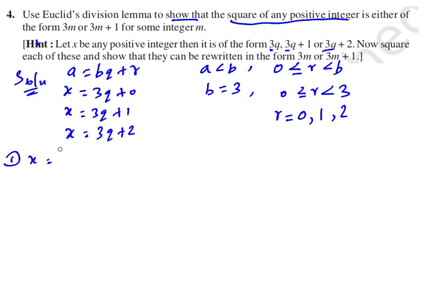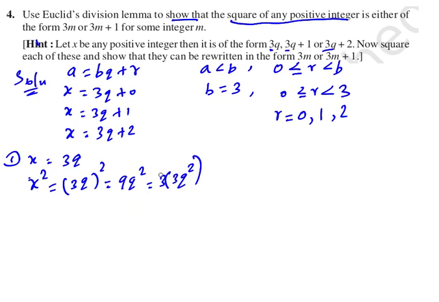x equal to 3q plus 0 we can write as 3q itself. So, if we square on both sides, x square equal to 3q the whole square. That means 9q square.